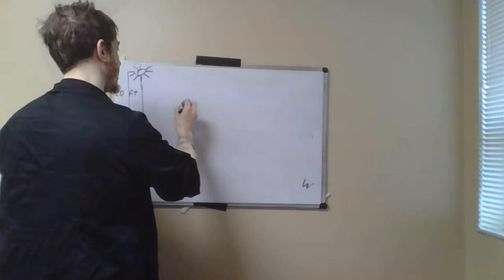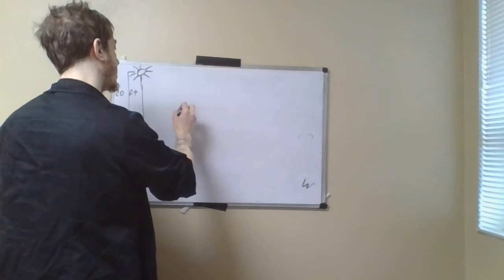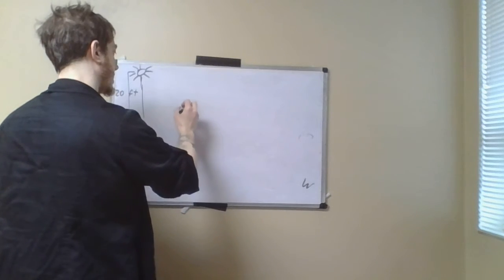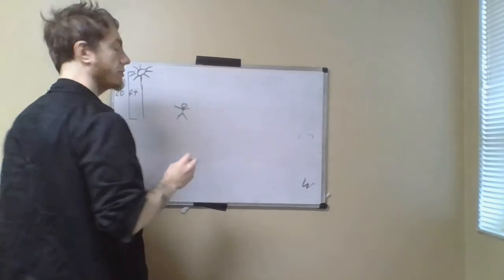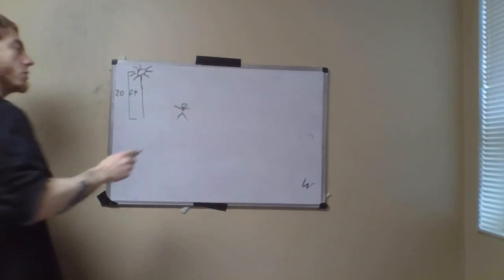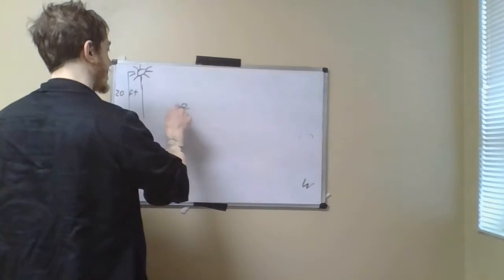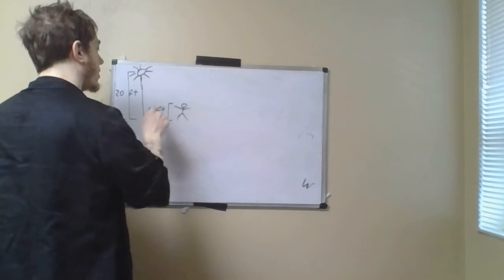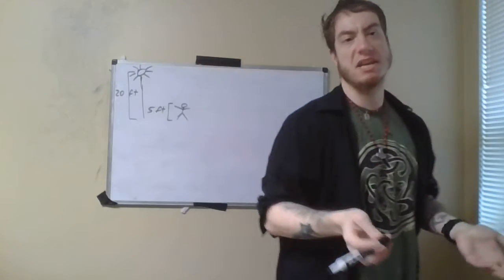And what we have is a lady who is walking along here. There she is, sort of. Stick figures are the best I can do. And let's say that she is 5 feet tall. I'm going to pick 5 feet just to make things easy.